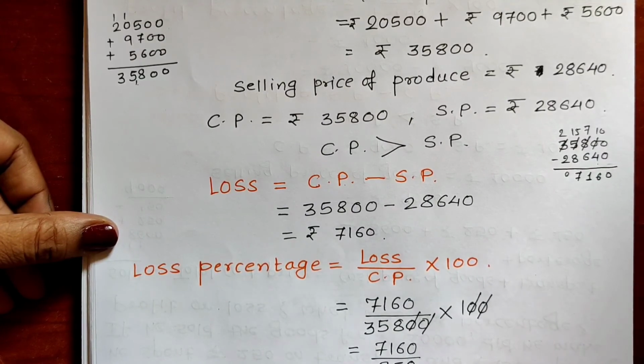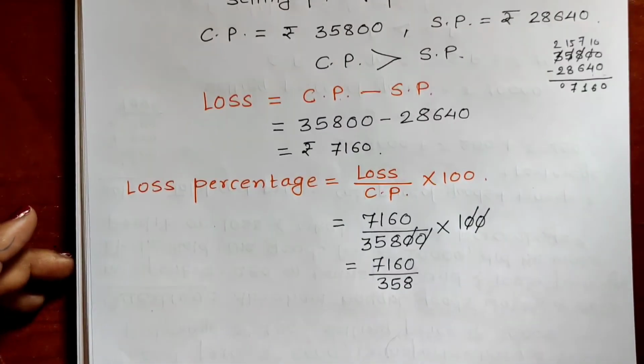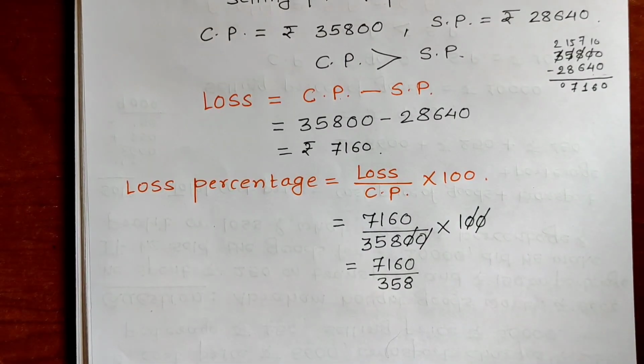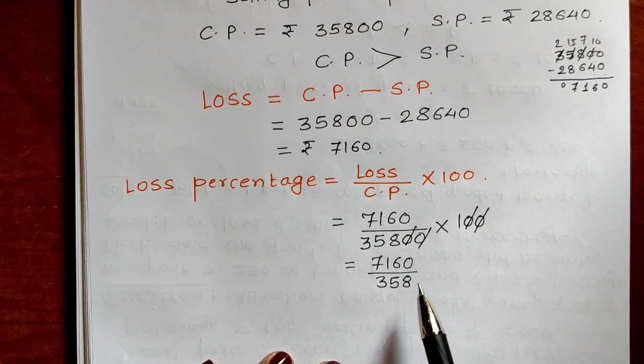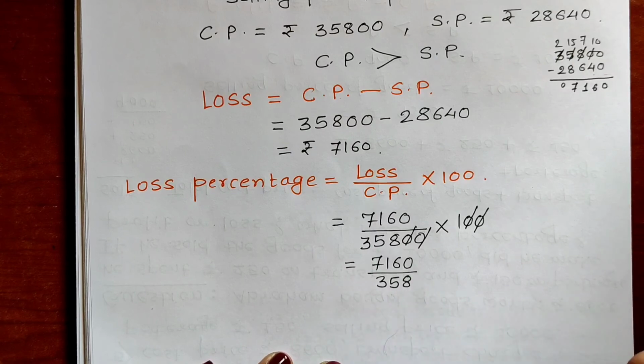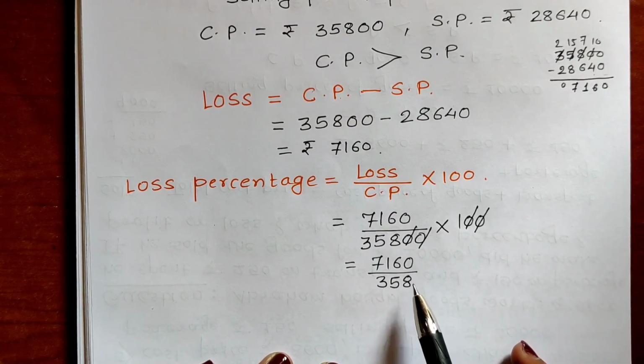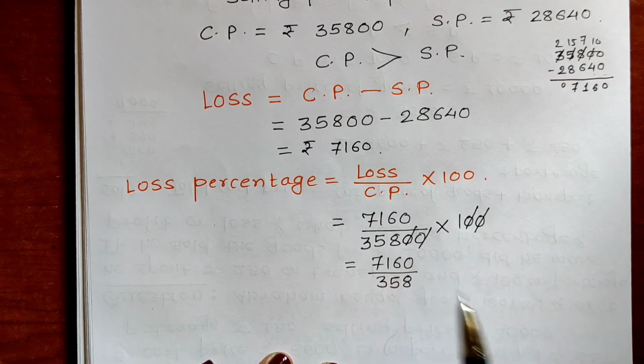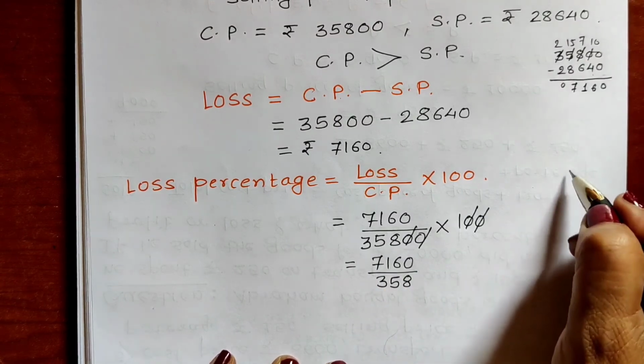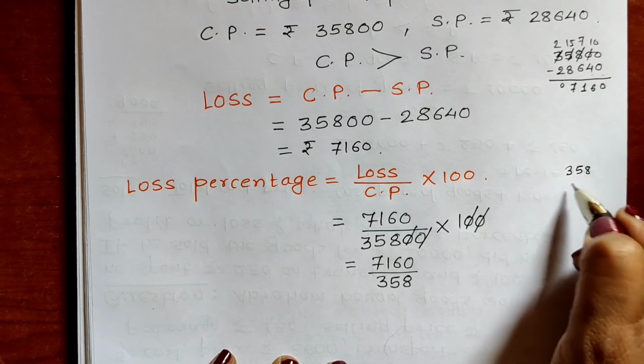Now we have to check by which number we can divide this 7160 and 358. Or sometimes just by observing the numbers also we can get the idea. If I multiply this 358 by 2, I will get 716. Let us see.